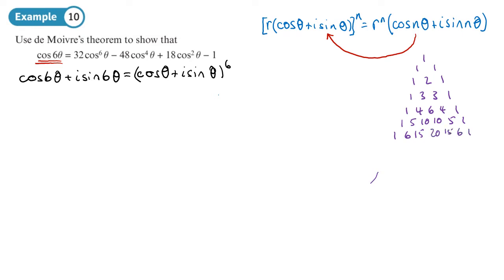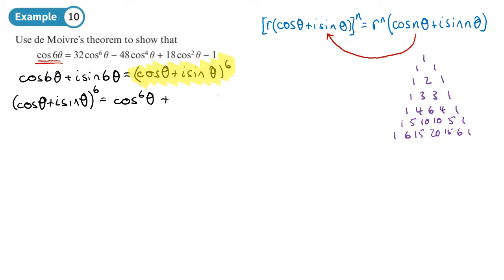Okay, so I'm now ready to expand. Let's highlight it, this side here. So I'm going to write the expansion of that. So let's just write down here (cos theta + i sin theta) raised to the power 6 is going to be this. So it's going to be cos to the power 6 theta, coefficient of 1.